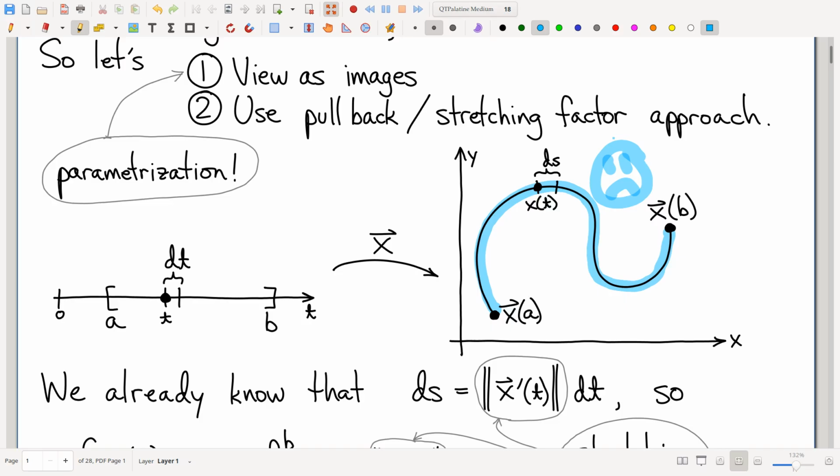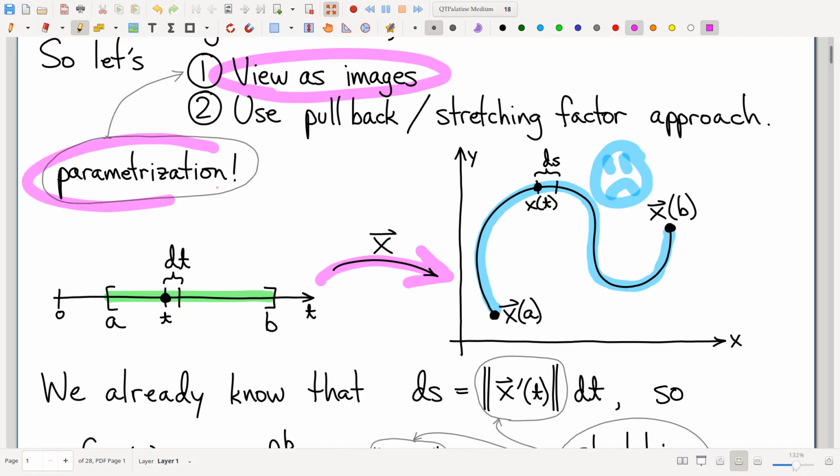So, undesirable domain. And the big idea from change of variables, when you have an undesirable domain, is to view it as an image of something. In this case, I'm going to view it as an image of an interval on the t-axis. And good news, we already know how to do that. It's called parametrizing. Flashbacks to early chapter 1, section 1.2, I guess it was. We talked a lot about how to parameterize curves. That's exactly the tool that we need here.